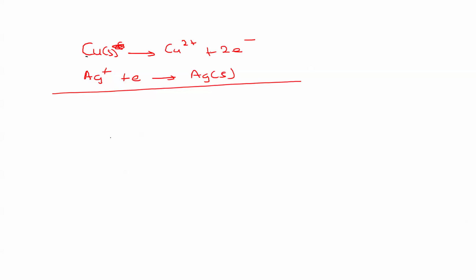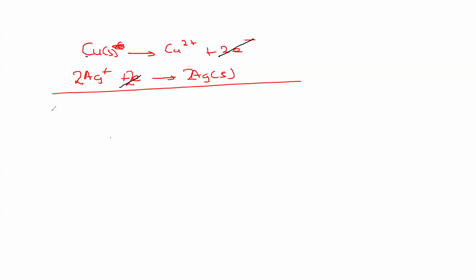If you check, we've got 2 electrons here, but here you have 1 electron. So this is not well balanced, so you multiply both sides by 2. Now it's balanced, so the electrons cancel each other out.